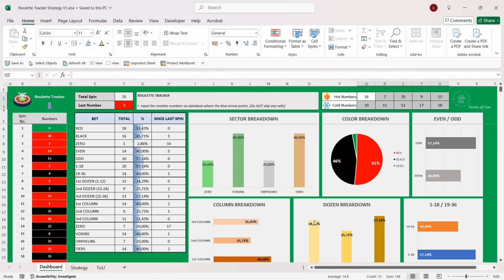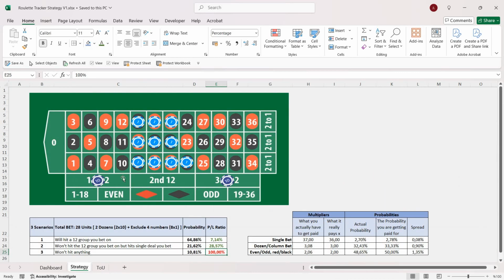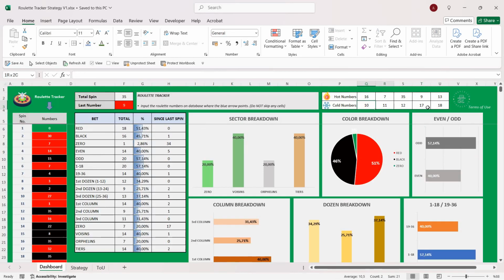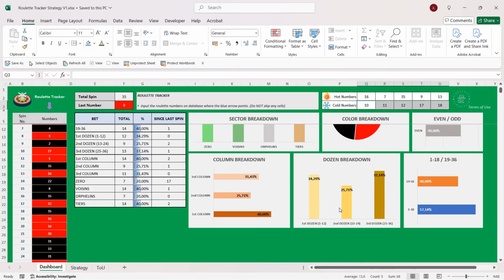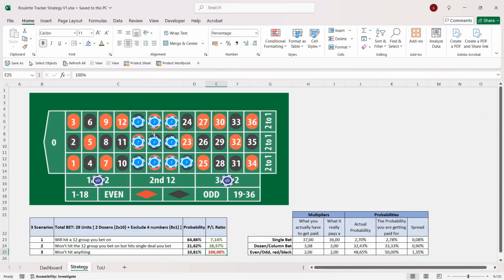What I do is check the top 2 dozens to bet on. In this case, it's the third and the first dozen, which I'm going to bet on. Then I look at the cold numbers in the second dozen. In this case, it's 17 and 18, so I exclude the numbers 17 and 18.